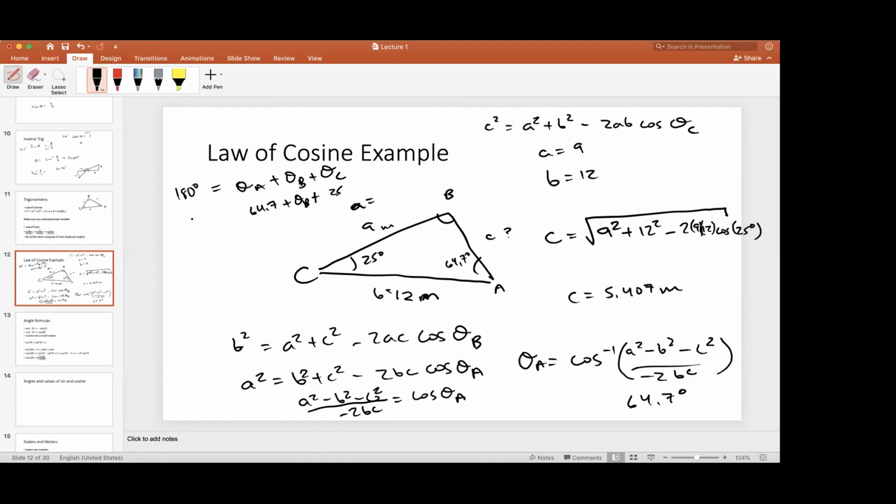So angle B is 180 minus 64.7 minus 25. That's about 90.3 degrees. So angle B is almost 90 degrees, which is pretty cool.